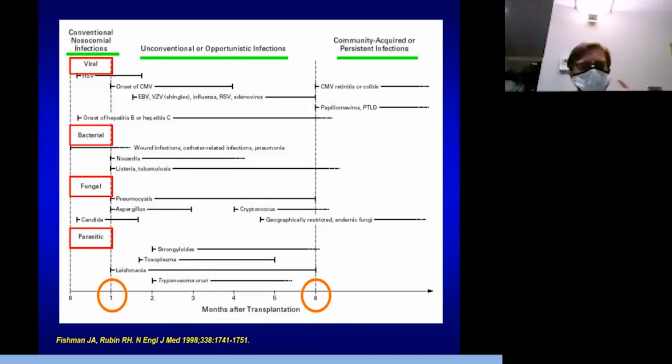In terms of the type of infections you might see, in the first month you see typical conventional nosocomial infections. Up until the first 6 months, you'll see common opportunistic infections that you might be familiar with from treating patients with HIV, including CMV and PCP, Cryptococcus, toxoplasmosis, etc.